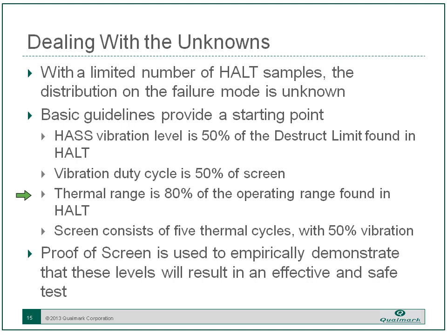We're not really producing thermal fatigue in a HASS screen. There's not enough time, and that's not our goal. Our goal is to identify failure modes that are sensitive to thermal extremes or sensitive to thermal ramps, not necessarily fatigue in thermal. So we know we're not going to really hurt anything by pushing to 80% of the operating range that we found in HALT.